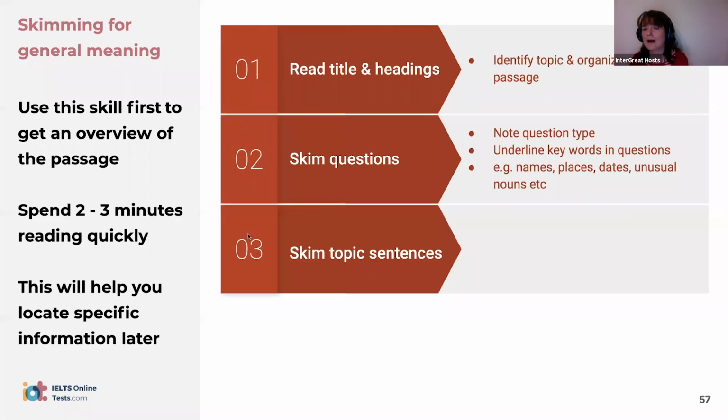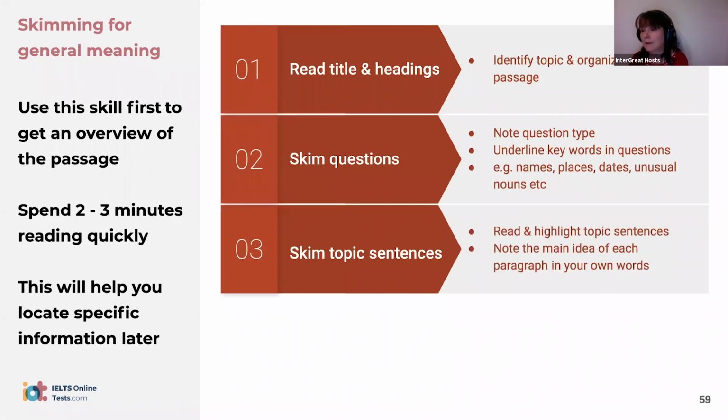So yes, topic sentences often, clearly by the name, tell you what the topic of that paragraph is. So to save you time, you can just look at the first sentence or a couple of words in the first sentence of each paragraph. And again, that gives you a good idea of the topic.